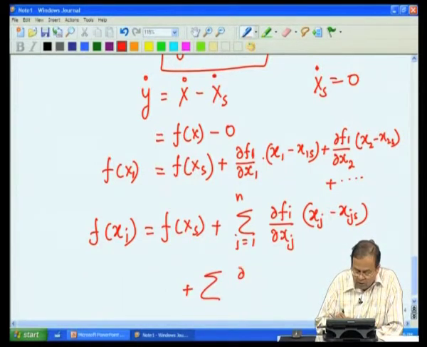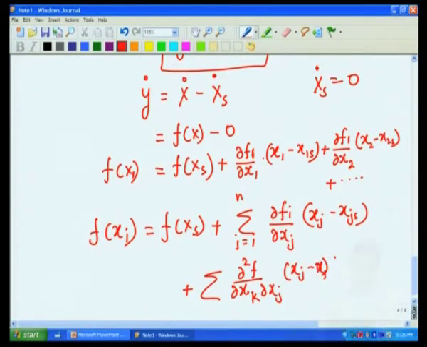So, I will have terms like del square f del x_k del x_j times (x_j minus x_j s) into (x_k minus x_k s) and so on. A simple Taylor series expansion.